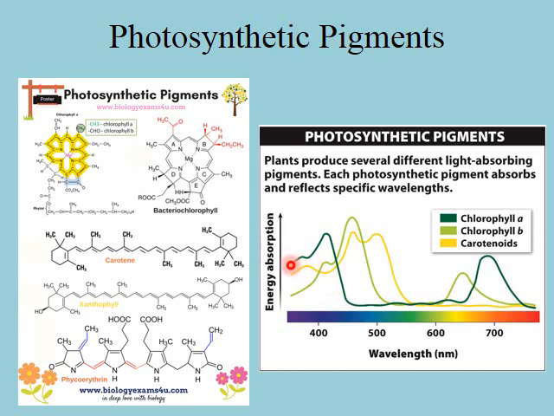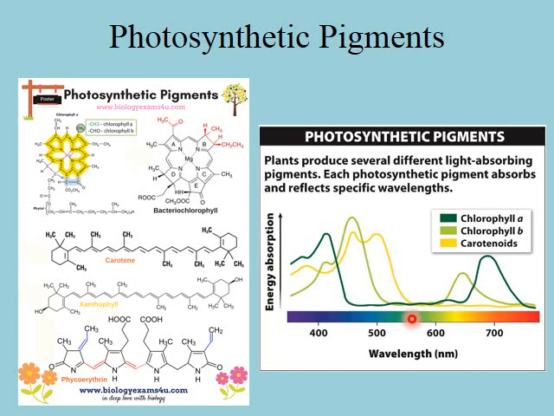Chlorophyll A is able to absorb the violets and blues, not so much the greens and yellows, and then able to absorb the oranges and reds. And because this molecule is able to absorb these particular colors, but not the greens, those greens are reflected off of it.